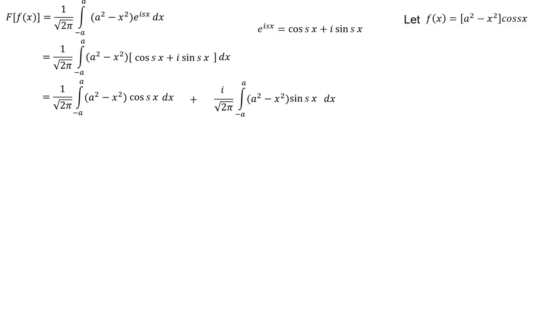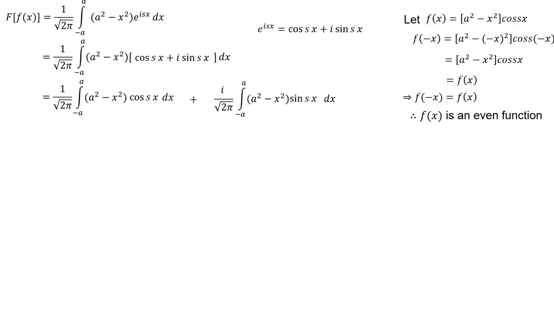When we replace x by −x, we get (a² − (−x)²) cos(s(−x)), which equals (a² − x²) cos sx, because (−x)² is again x² and cos(−θ) is cos θ. So this is nothing but our f(x). So f(−x) = f(x). Therefore f(x) is an even function.